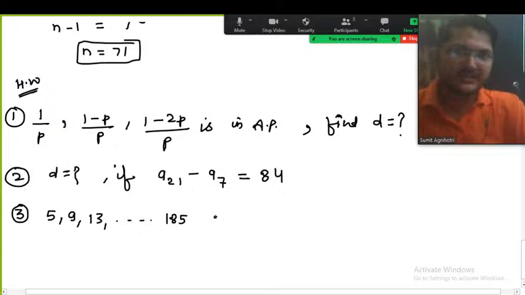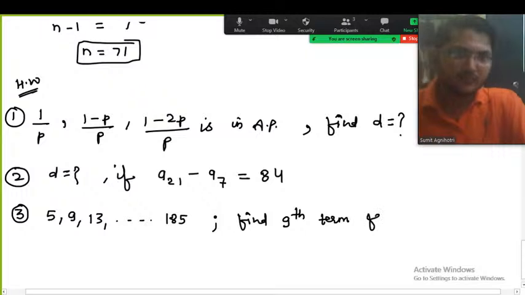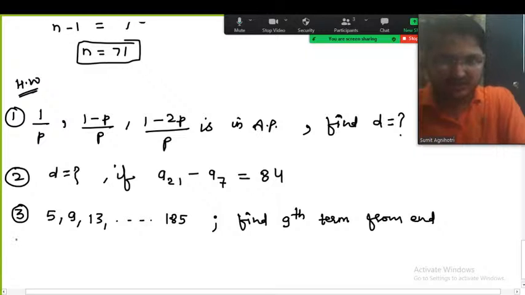The question is, find the ninth term from the end. If we want to find any term from the end, we should just reverse this AP. We should flip this AP. You do that and try to figure out the answer for this one.